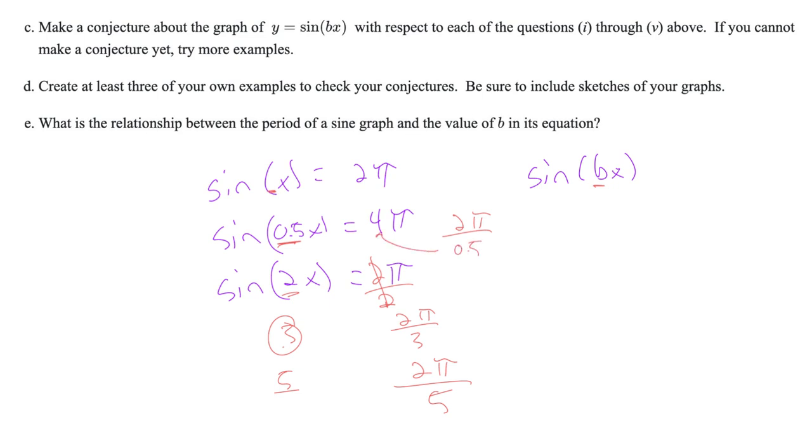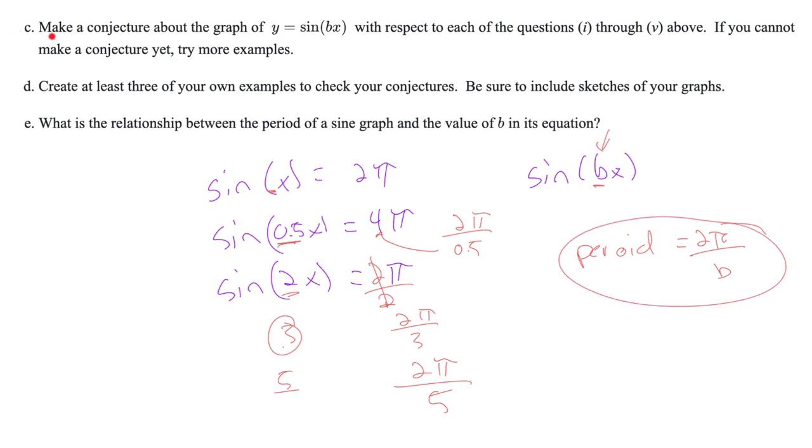So our conjecture here is that if we have this value b, if we've got some number before x, to find its period or cycle length, I just need to say that the period length is going to be equal to 2 pi divided by b, and that is going to tell me what that period length is.